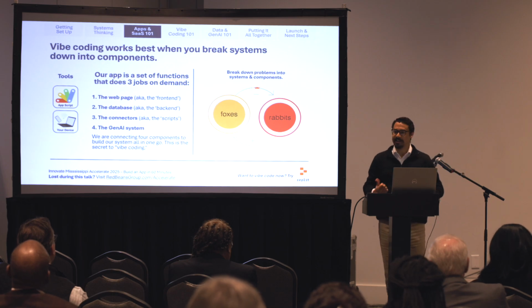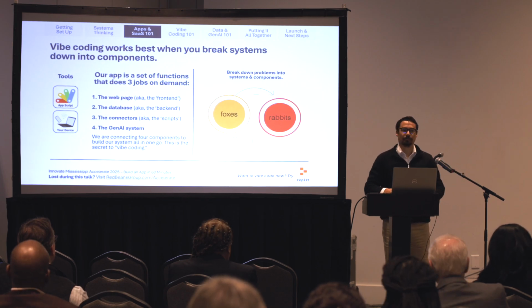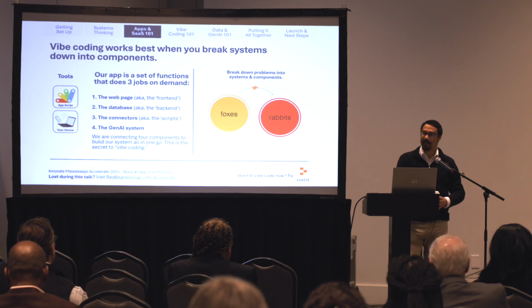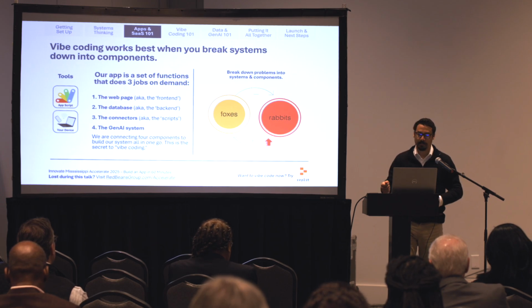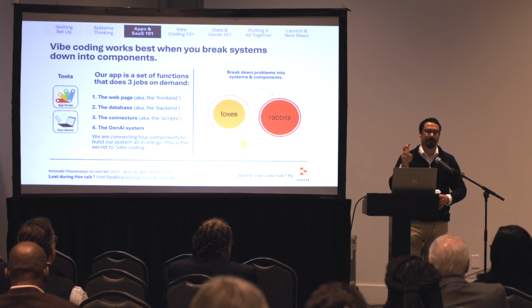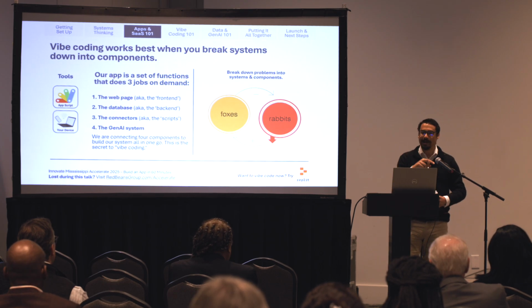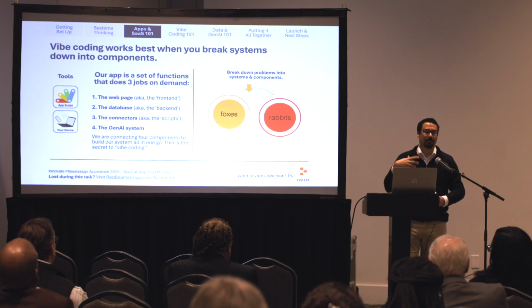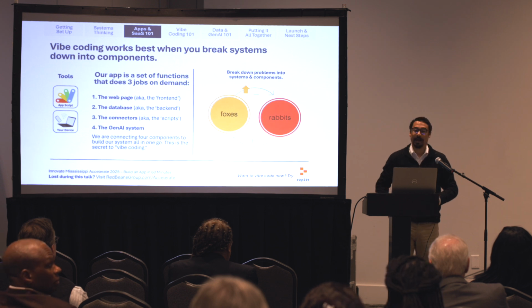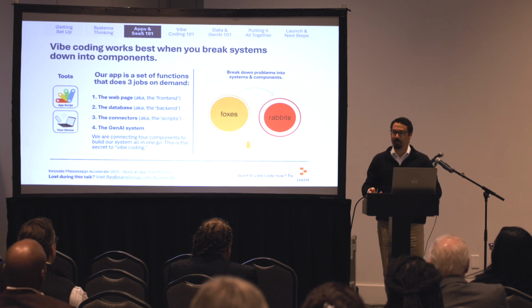We're going to have a simple database, and today we're going to use Google Sheets, just so I can immediately show you how easy it is to set up a database, but more importantly, how a database actually works. We're going to have some connectors. Those are the bits of computer code that make things happen, that back and forth. Oftentimes, this is the part that people try to avoid and try to sort of send out to vibe code. And then finally, an AI key as well.